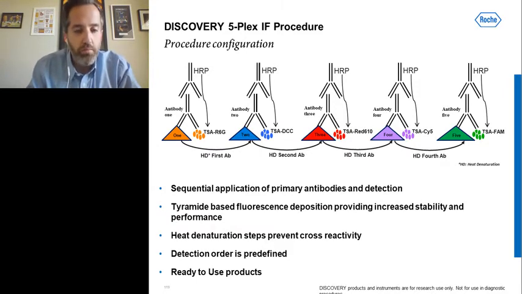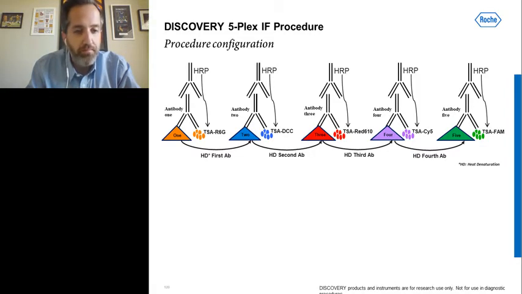And we've already preset the detection order, with the neutralization and denaturing steps pre-applied. So this is a lot easier to use by applying the ready-to-use products that we have available. The customers have pretty much a plug-and-play option available to them to create a fluorescent 5-plex assay.